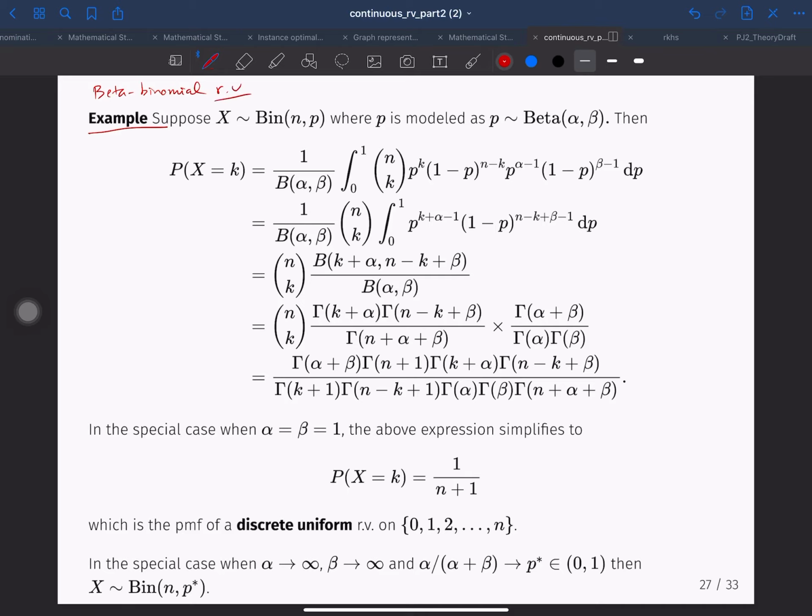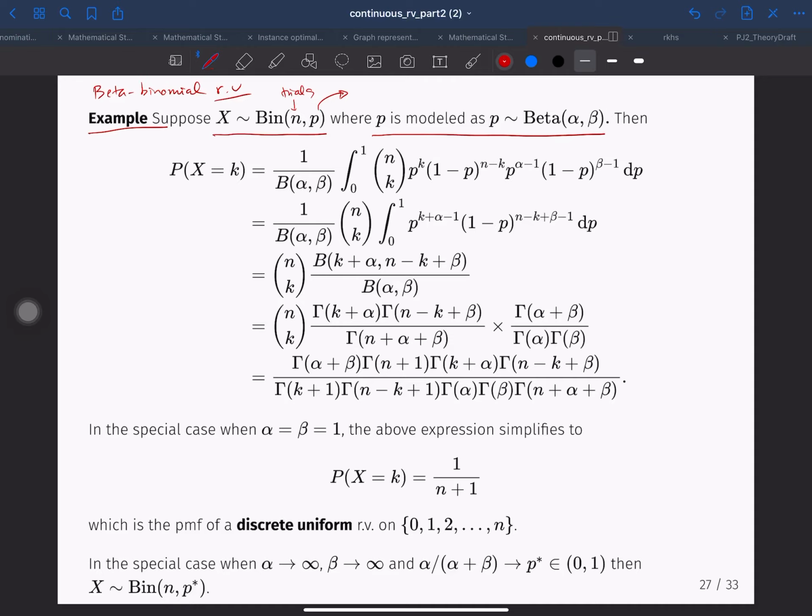Here X is a binomial with n trials and probability of success P. But now P is modeled as a random variable. So instead of thinking of P as being fixed, we think of P as being random.